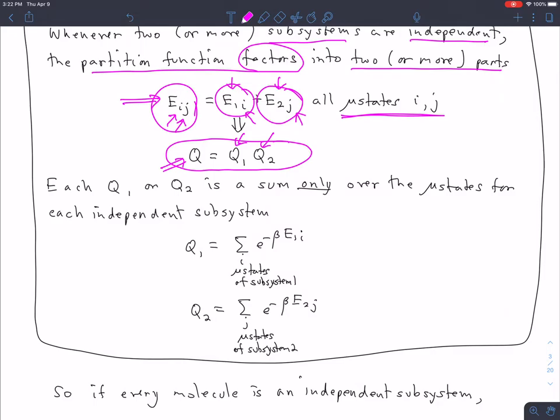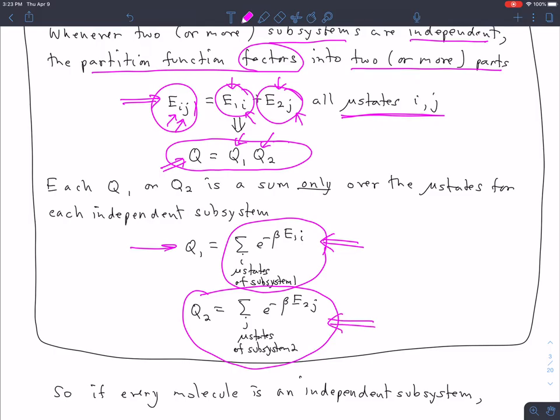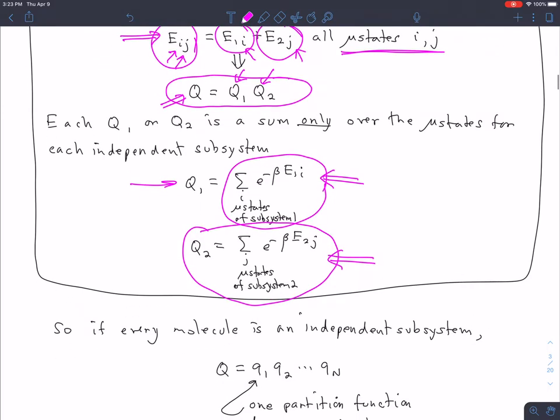And you compute the partition function for subsystem number 1 by just ignoring the other subsystem and computing that partition function as if it were the only one. And then doing the same thing for the other partition function as well. You just sum up all the microstates that are in subsystem number 1, ignoring subsystem number 2.